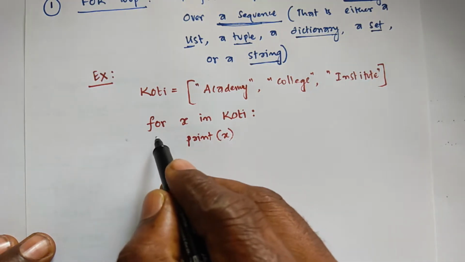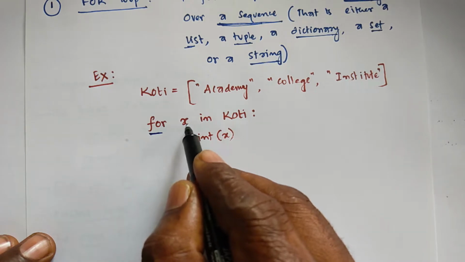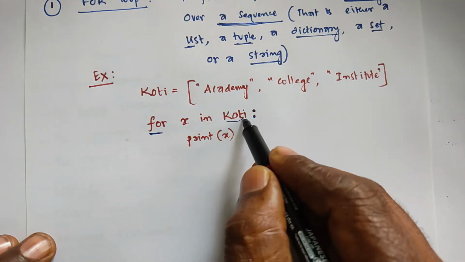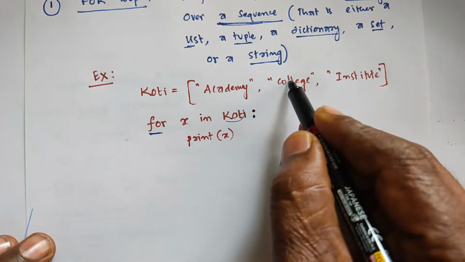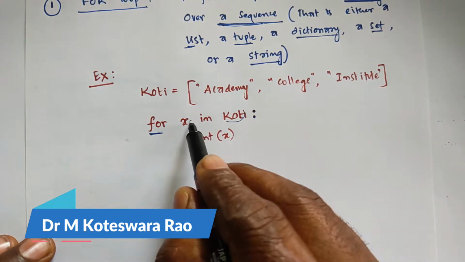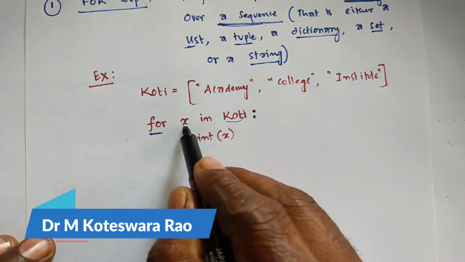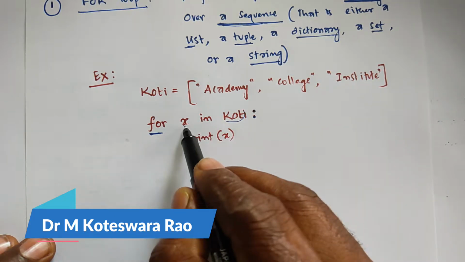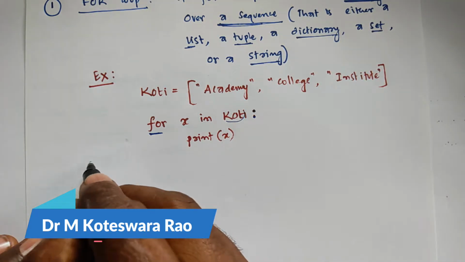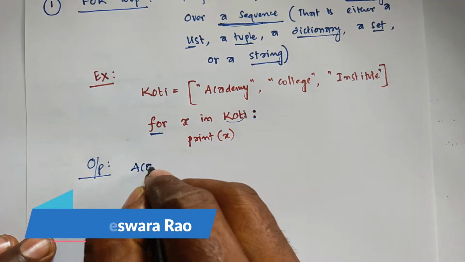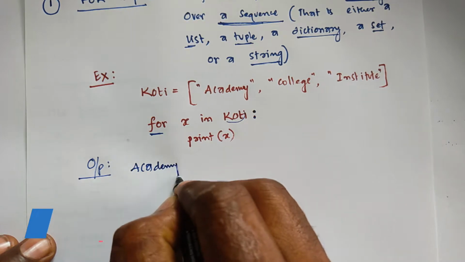Now, what is the meaning of this for loop? Here, for x in quote, at the end we use a colon. Quote has three items, and one by one they move into x. In the first iteration x is academy, so the output will be academy.